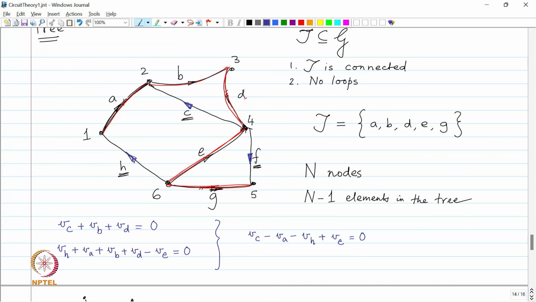All I am saying is that notice that equation 1 minus equation 2 will get you this new result.